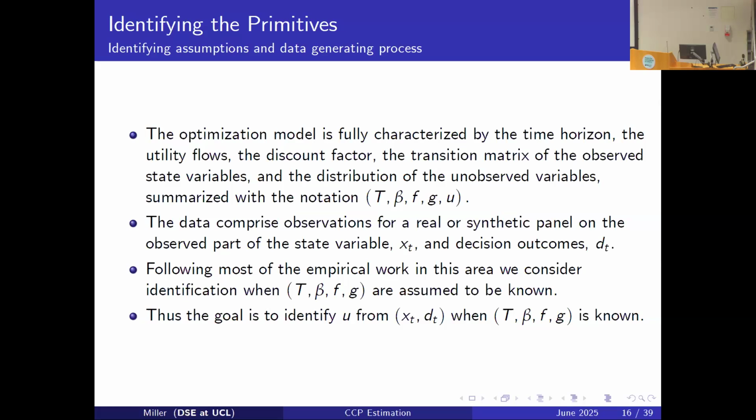And then here's our U. We're going to assume that T, beta, F, and G are known, but we're asking under what circumstances is U identified from what we're seeing, the background variables and the choices that people make, along with the conditional independence assumption that we're making.